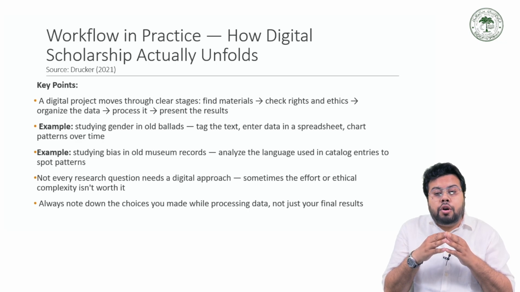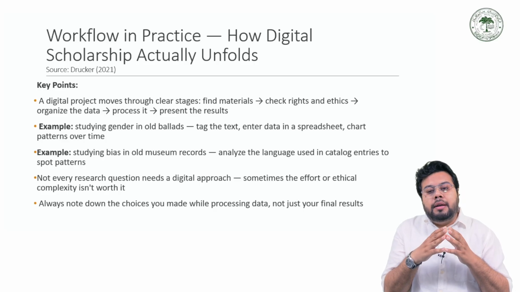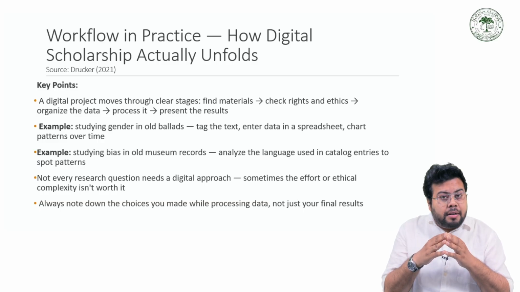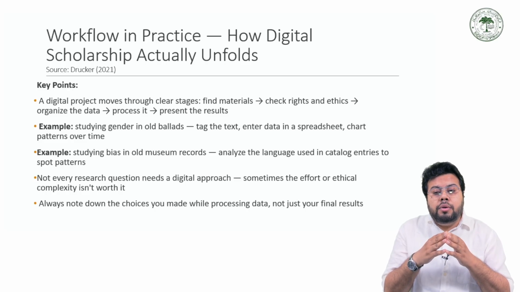You're making a scholarly judgment call before you ever touch a spreadsheet. The second example is studying bias in old museum catalog records. Here, you would analyze the actual language used in those catalog entries to spot patterns, and importantly, think about whose voice is represented and who is missing from the record.